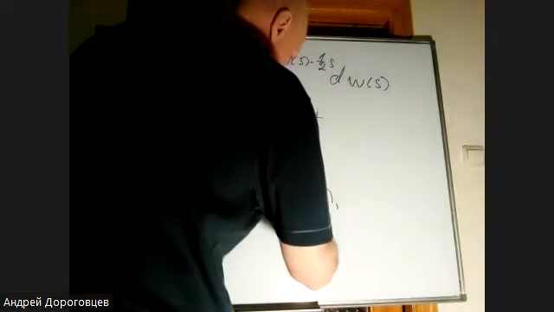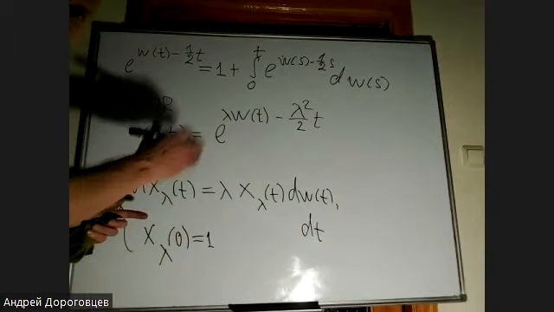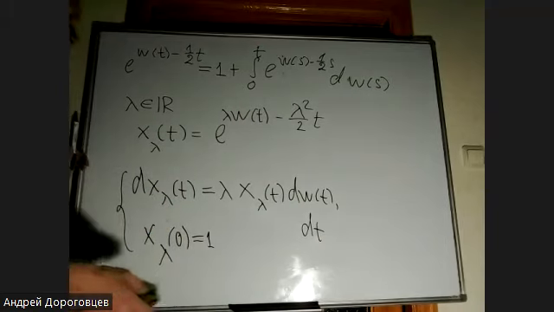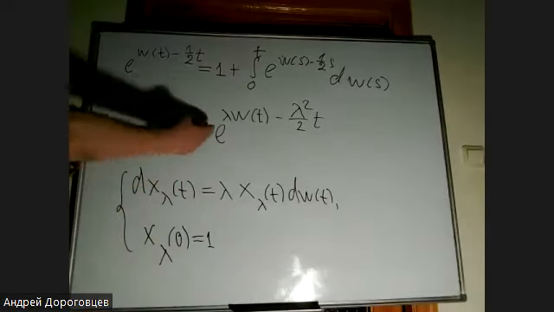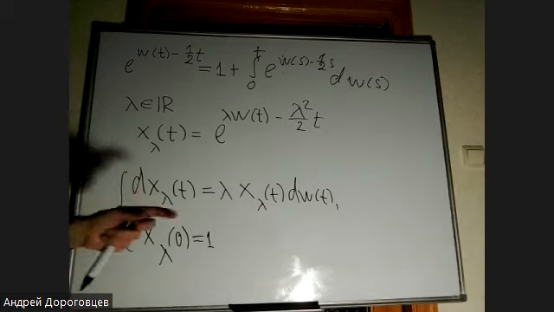If we consider here dt, then we get as a solution e to the lambda t, so the usual exponent. From this point of view, it is reasonable to name this process the stochastic exponent. This is one of the sources of this name.